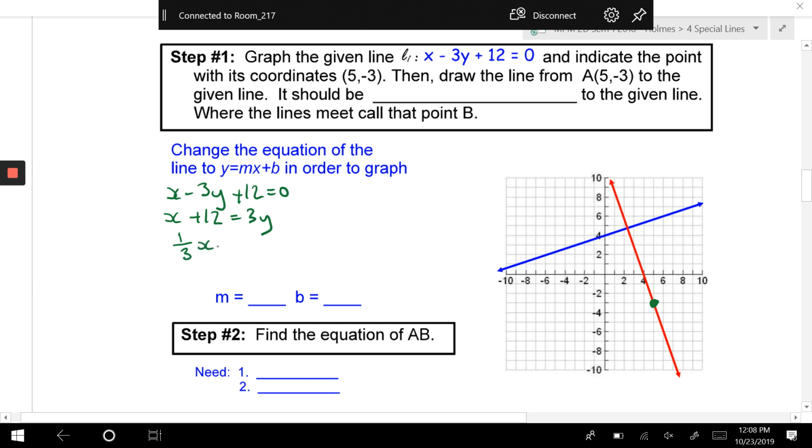That gives me 1/3 x + 4. And for simplicity, I'm going to put the y on the left-hand side, so I'll just flip the equation around. It doesn't matter how you solve that equation.